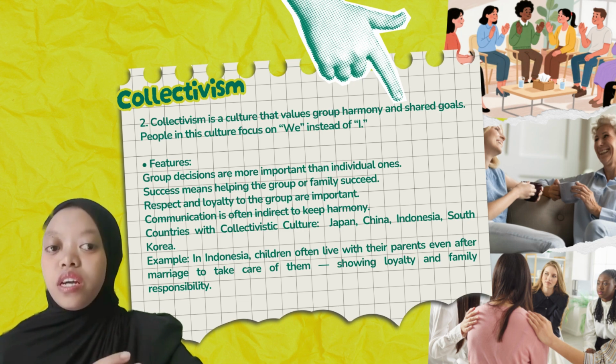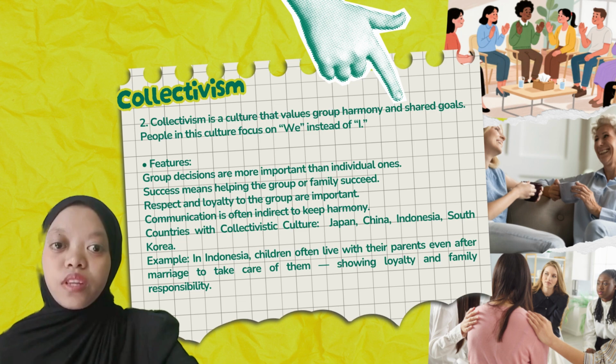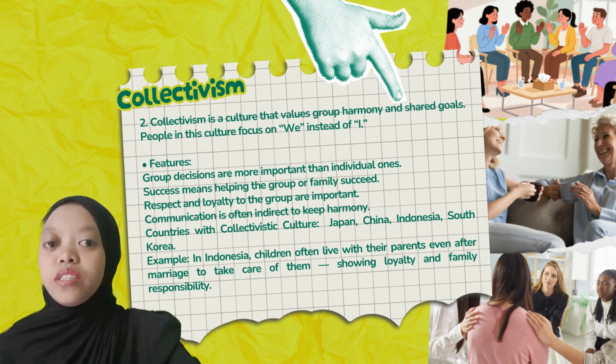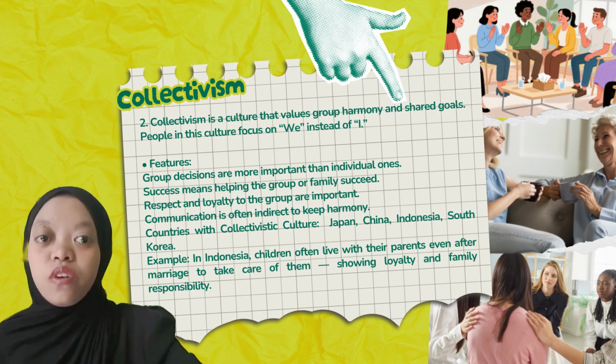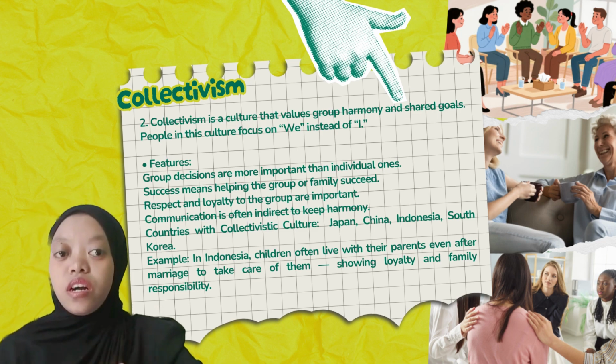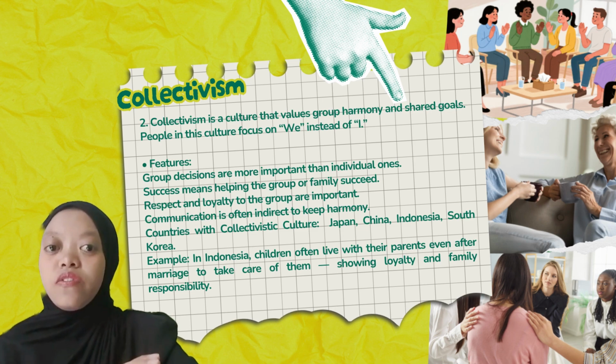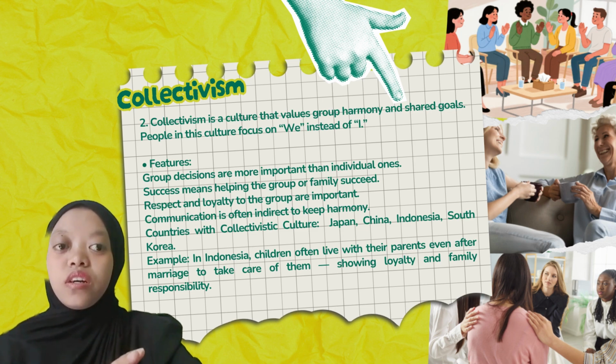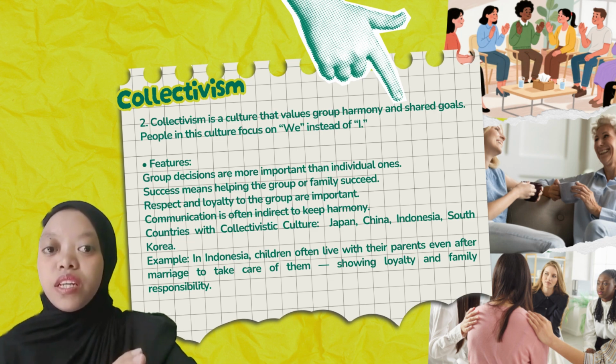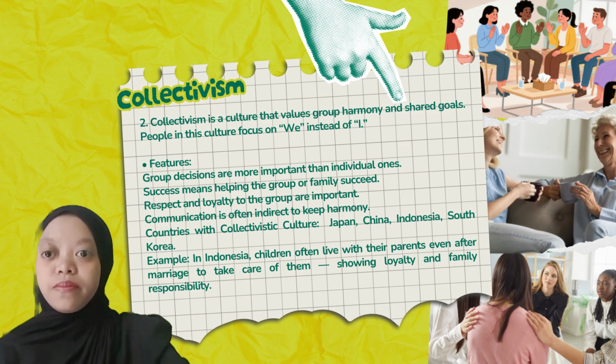Communication is often indirect to avoid conflict or hurting someone's feelings. Countries like Japan, China, Indonesia, and South Korea are collectivist. For example, in Indonesia, children often live with their parents even after marriage to take care of them. This shows loyalty and family responsibility.